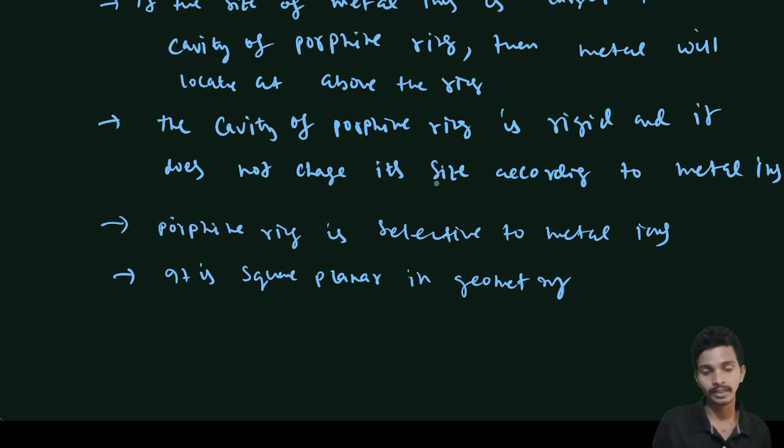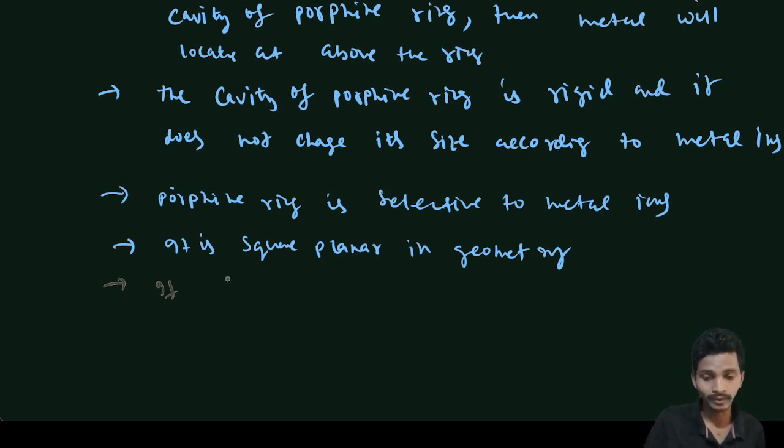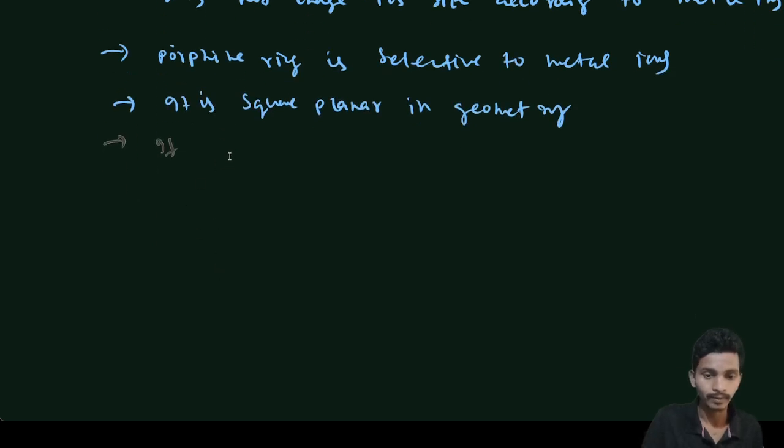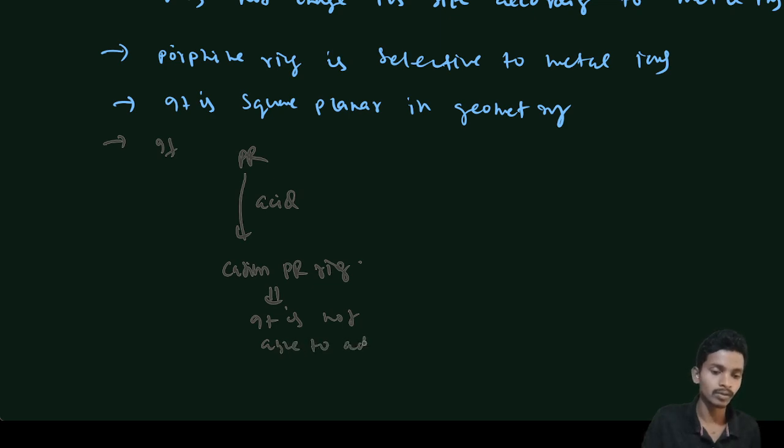And one more point we will discuss: in a porphine ring or metalloporphine, let's say PR is the porphine ring, if you add acid, then what you will get is a cationic PR ring, and it is not able to add metals.